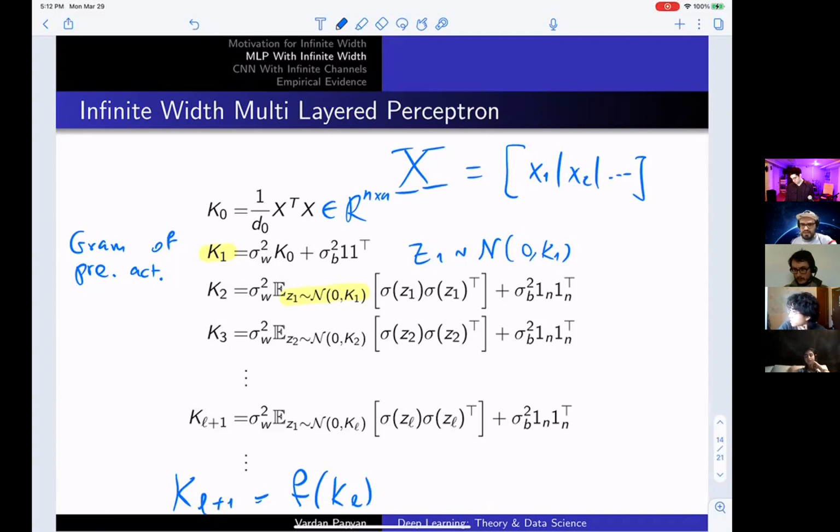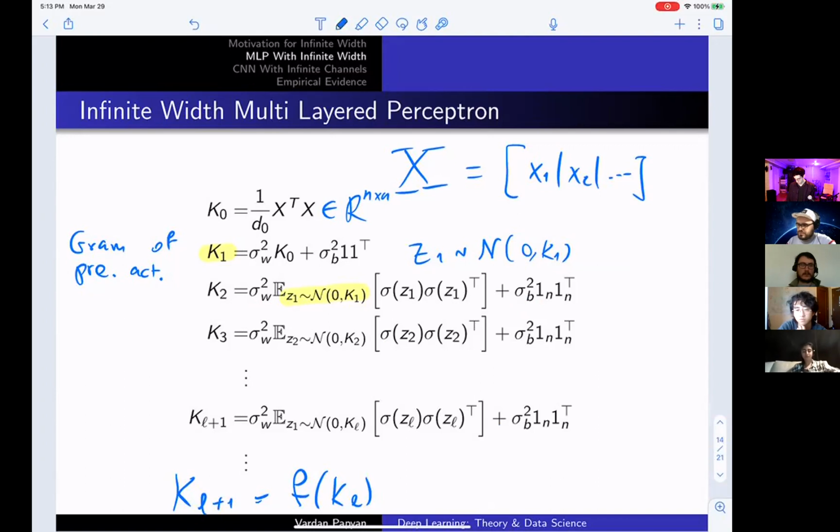Not always. It depends on how you choose the variance of the weights and biases. Depending on how you choose the variance of the weights and biases, you might get different behaviors. If anyone's interested in studying this, look for the edge of chaos.